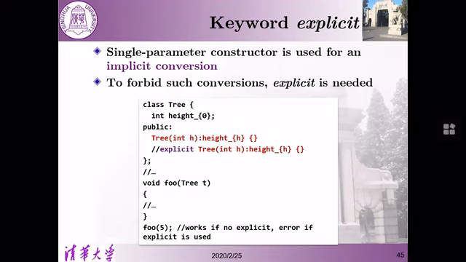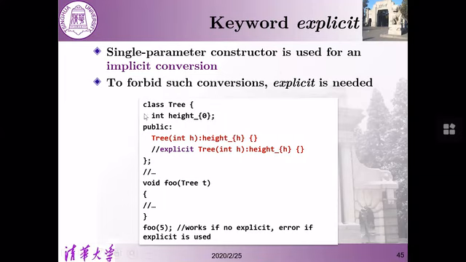Another one is explicit. This explicit is for a single parameter constructor. For a single parameter constructor like this, where you have a single parameter here, it can be used for conversion.